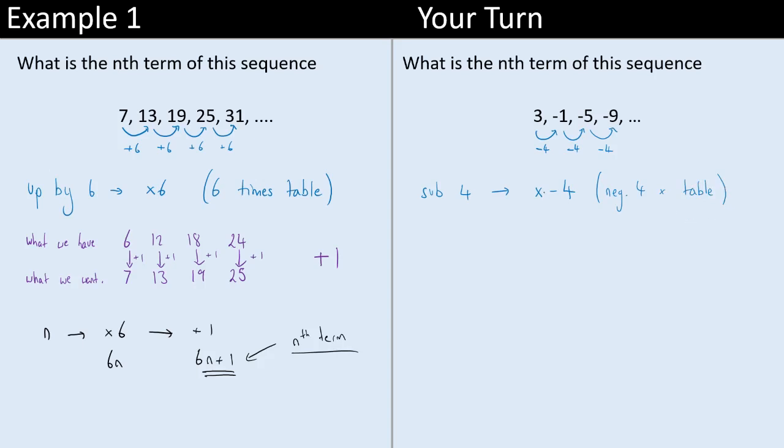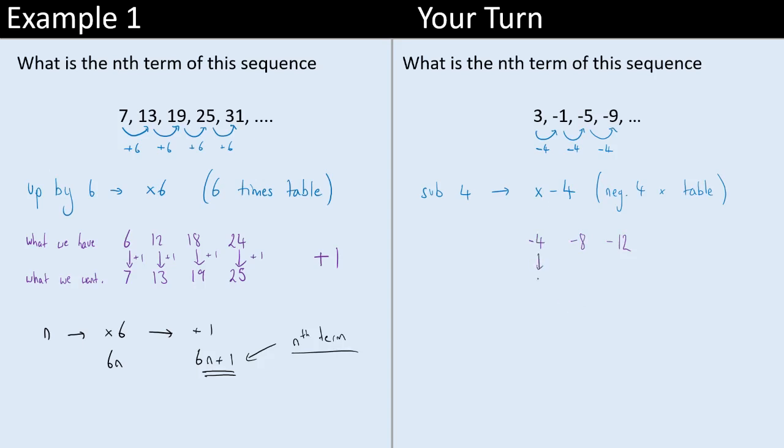So the first part of our sequence is to times by -4. What did we do after that? We checked what the -4 times table looks like. Well, that would be -4, -8, -12. But I don't want that.